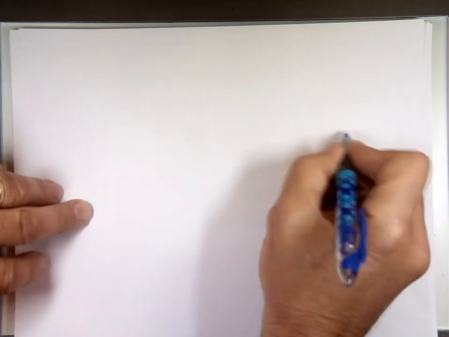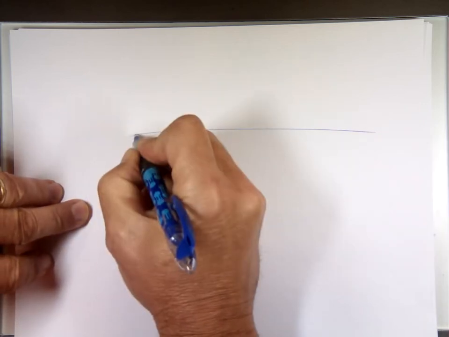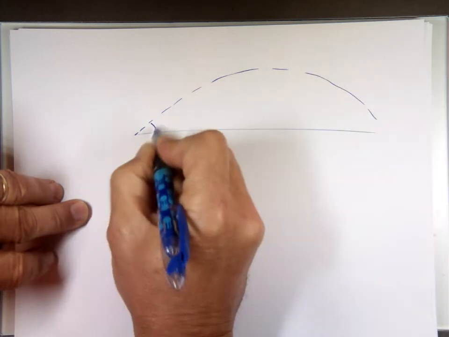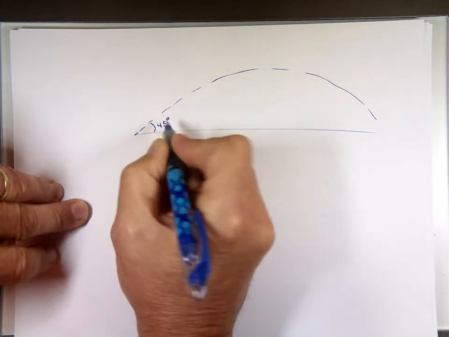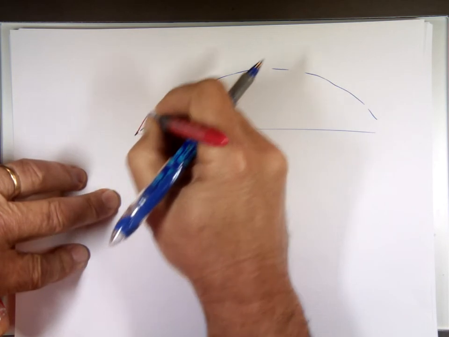Because if the angle's steep, what will happen? If you shoot at 45, let's say this is the 45. If the angle is much steeper than 45, let's say 50, 55, 60 degrees, then it will go like this. This one, the angle is like 60.